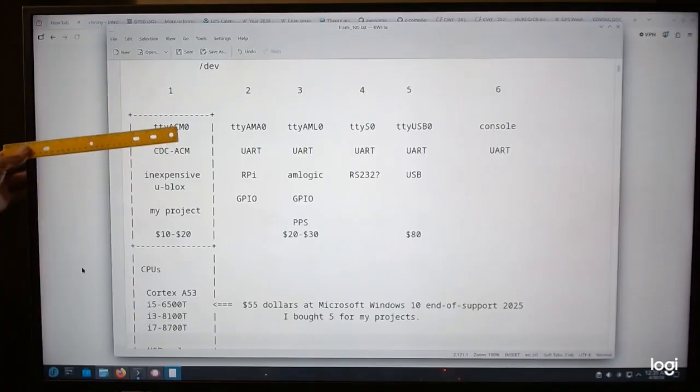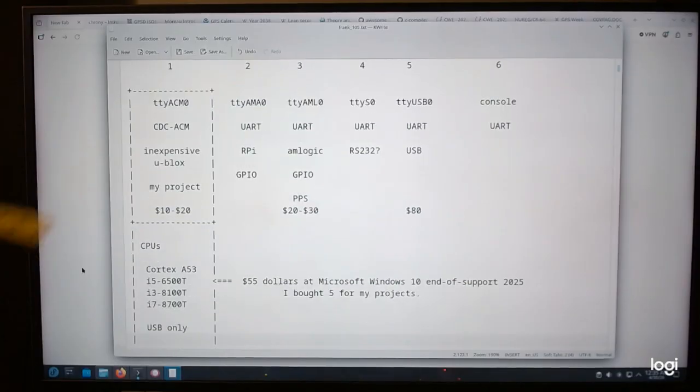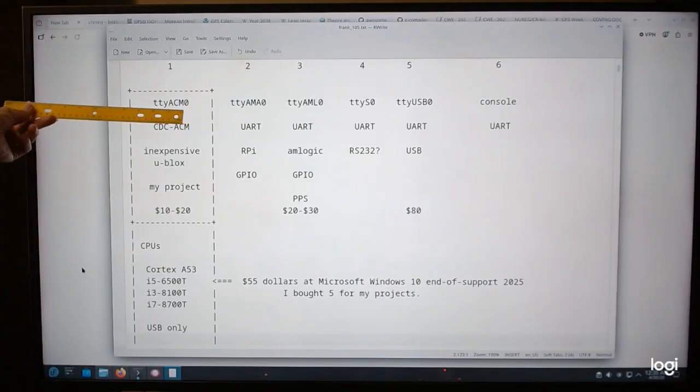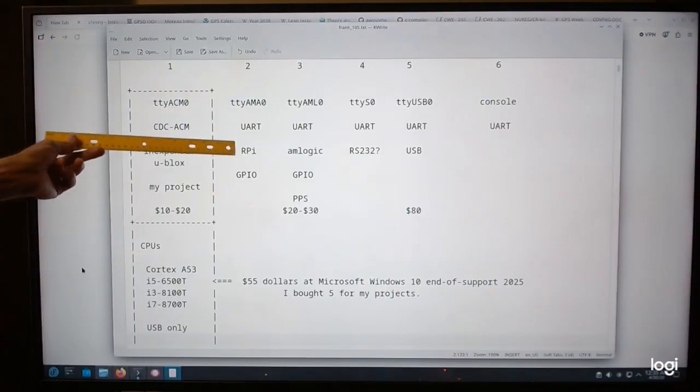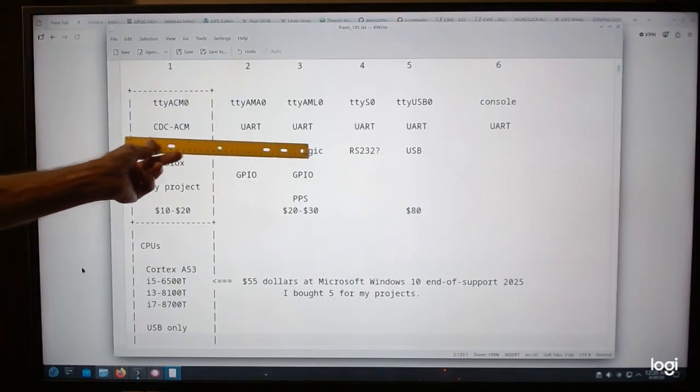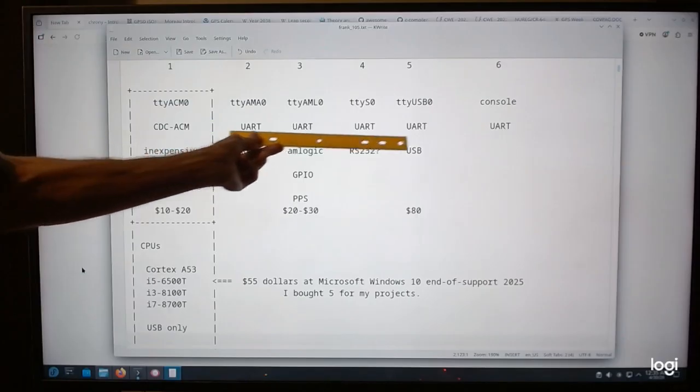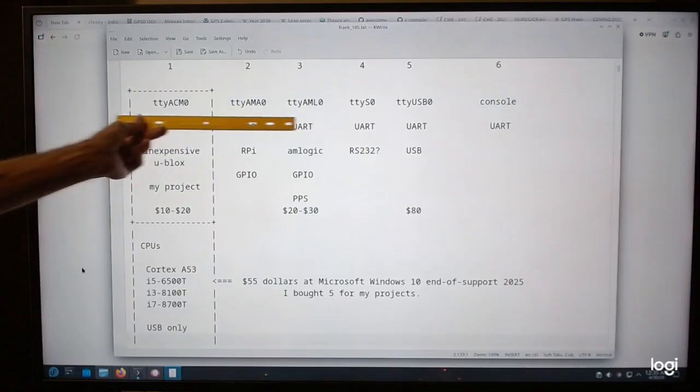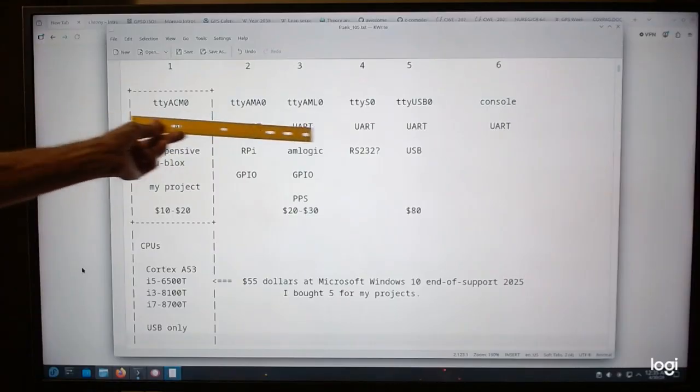I'm looking at those inexpensive u-blox receivers. You'll see them. It's the ttyACM. You'll see others if they come up.